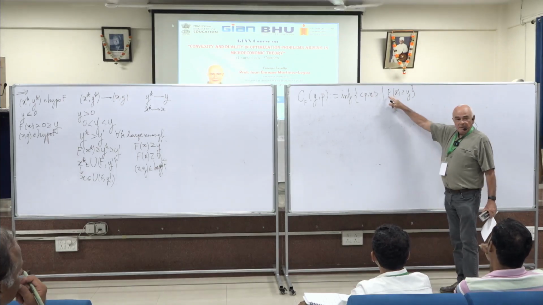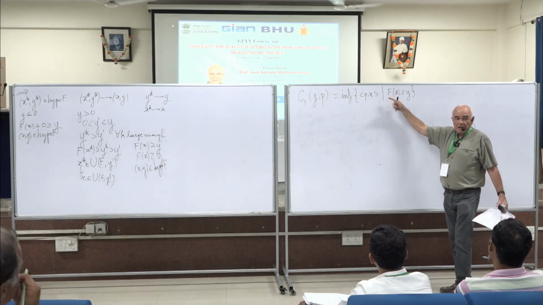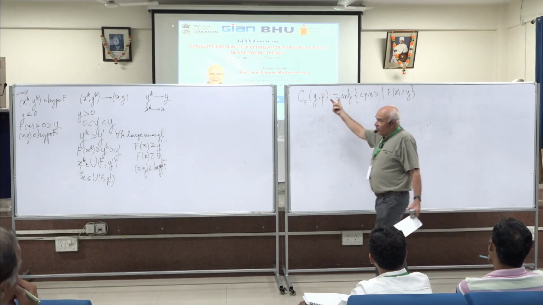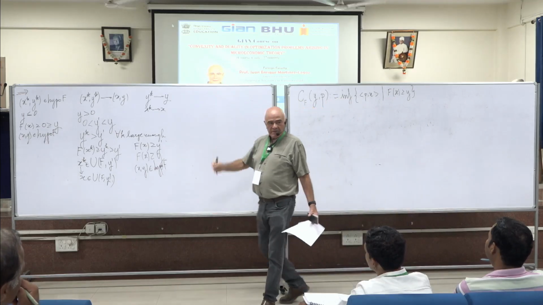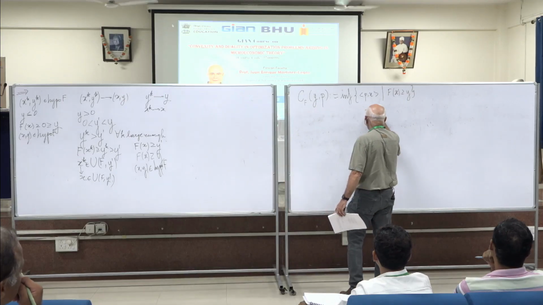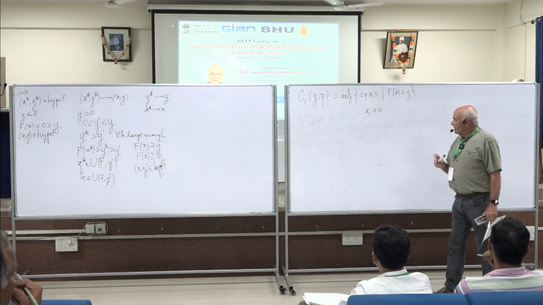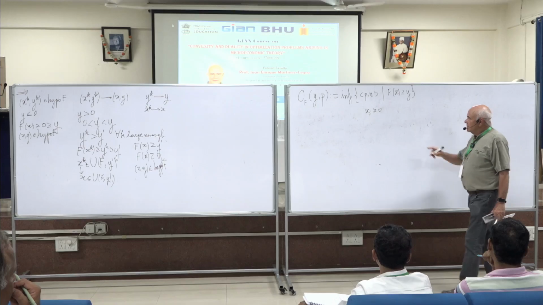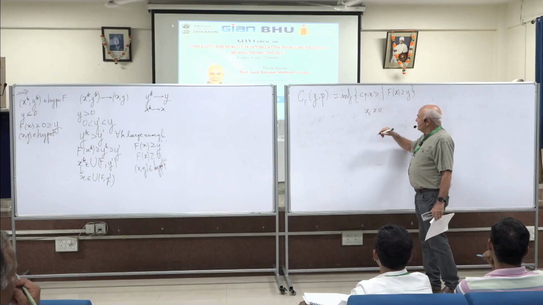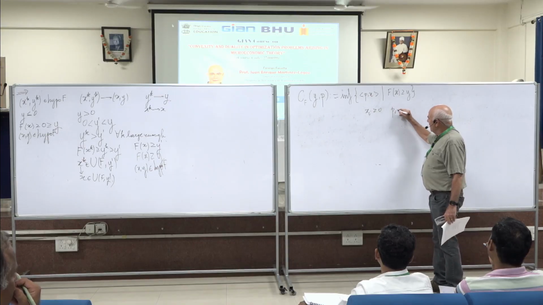This is implicit in this expression because I'm writing f of x, and f is only defined on R plus n. So all our variables are non-negative. And all the prices here are strictly positive.